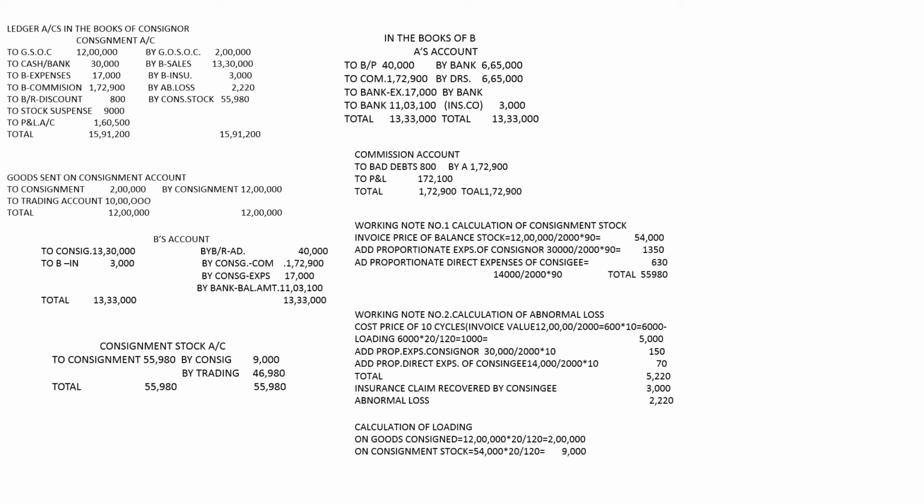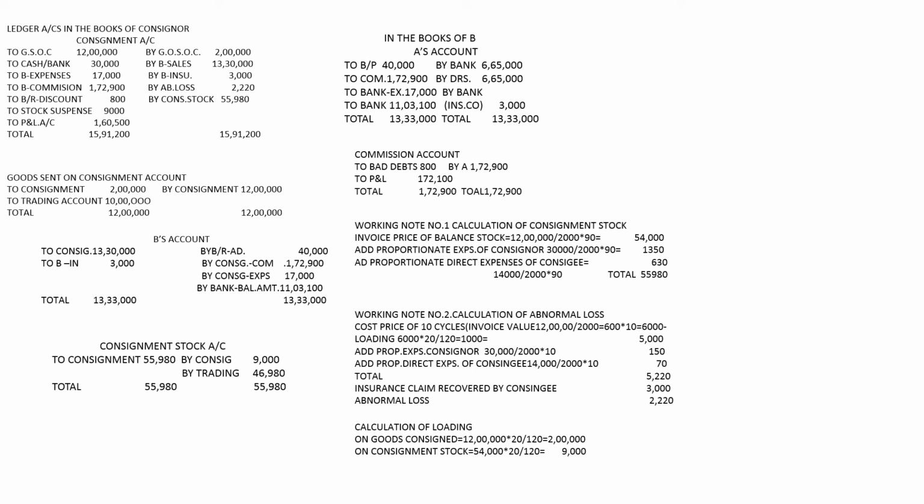Now in the books of B, we have to prepare A's account. A's account would be the reverse of B's account, which we are having there. Now in B's account, we are finding on the debit side 13,30,000.